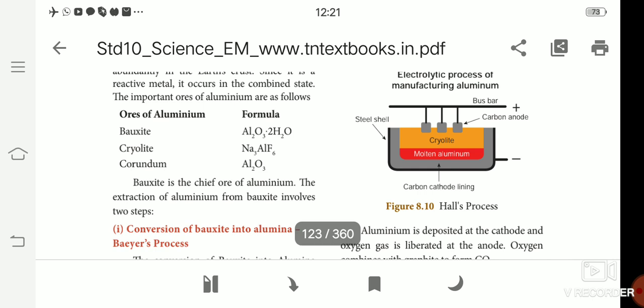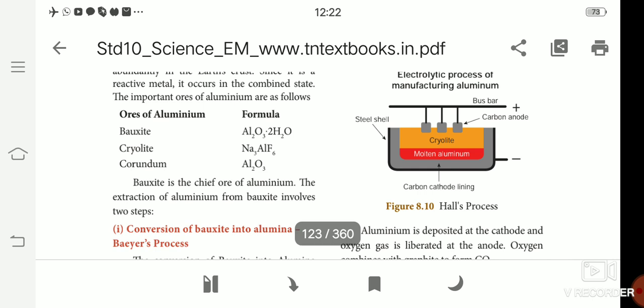So the anode and cathode reactions. In this picture, figure 8.10, the cathode is an iron tank lined with graphite. The anode is a bunch of graphite rods suspended in the molten electrolyte.